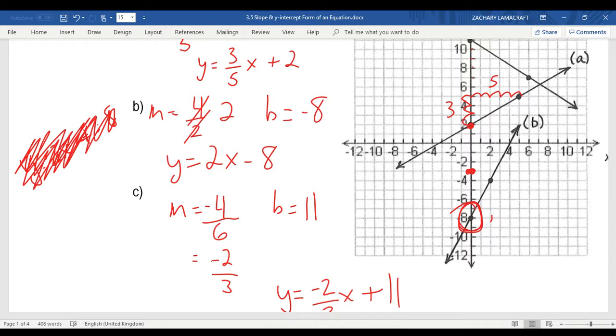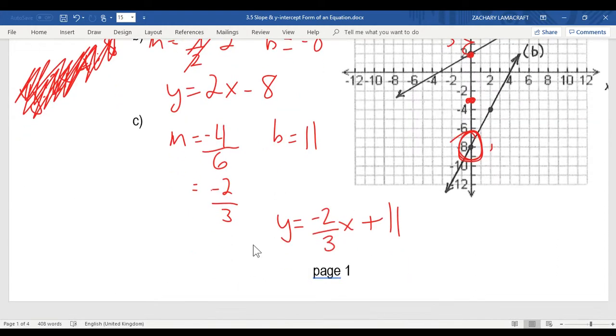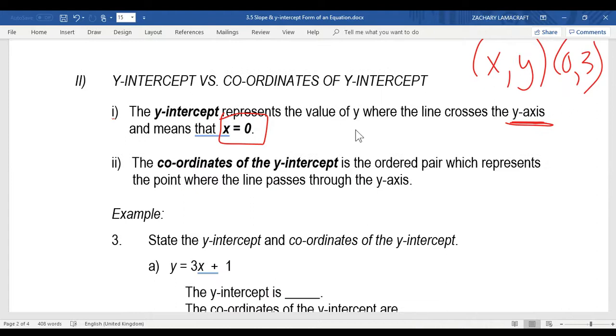So we know that x is equal to 0. But y either goes up or down. And in this case, it's -3. So it'd be 0, -3. So the y-intercept represents not only where it crosses the y-axis, but where the x coordinate is 0. So the coordinates of the y-intercept is the ordered pair which represents the point that passes through the y-axis.